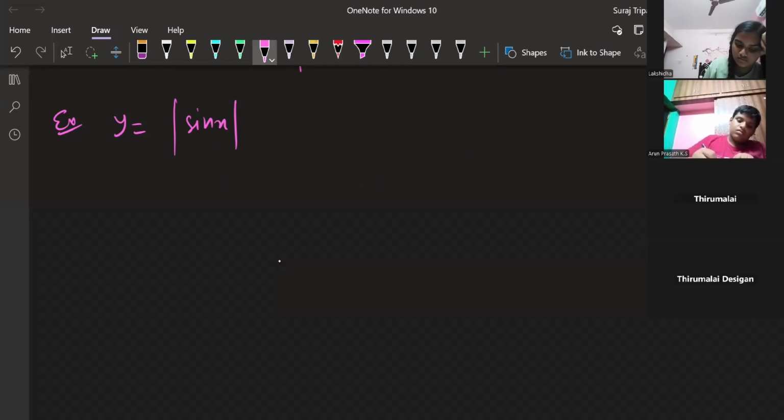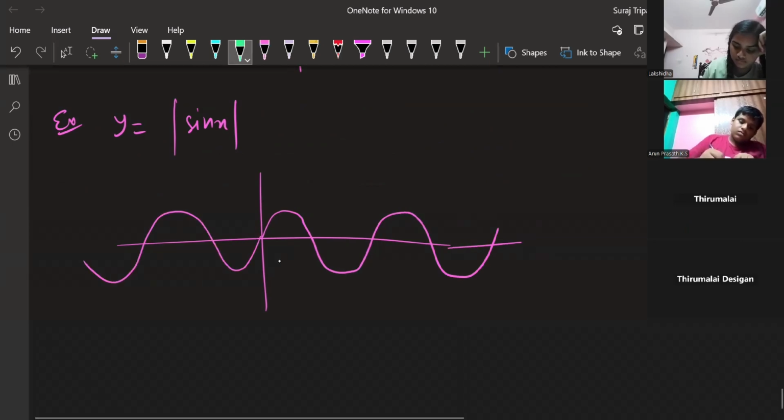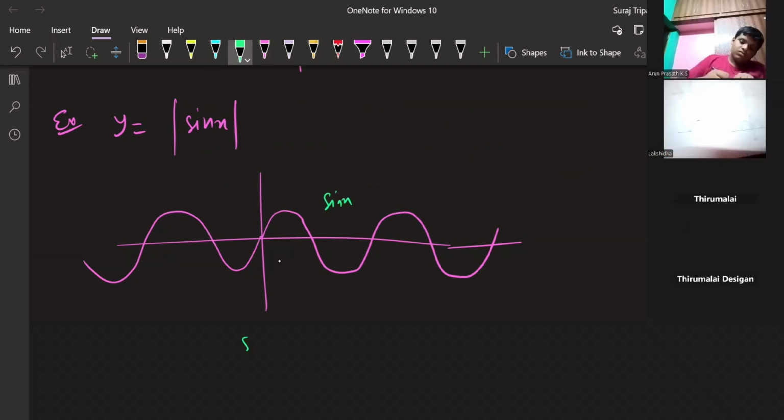So that means whatever curve is present below the x-axis, you have to take the reflection of the entire graph along the x-axis. This is the graph of sin x. Now find the graph of sin mod x.